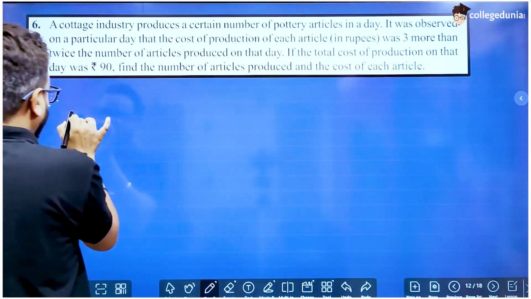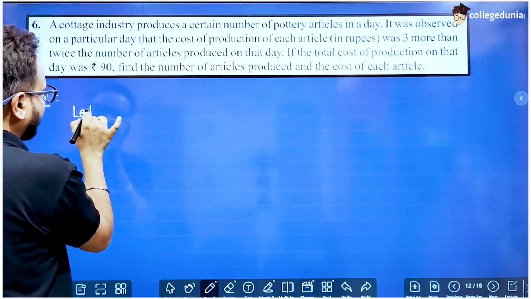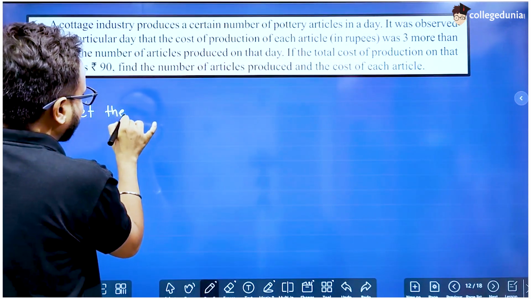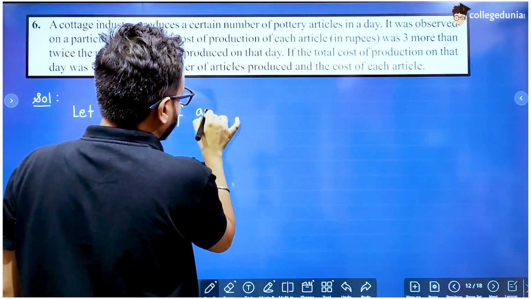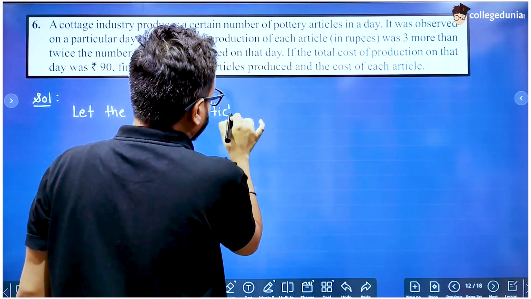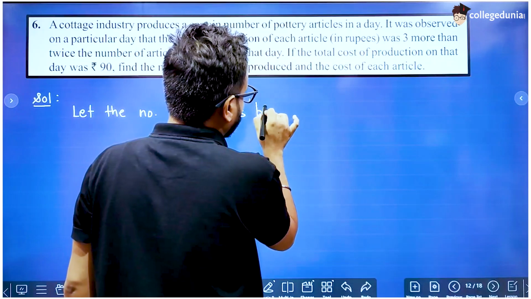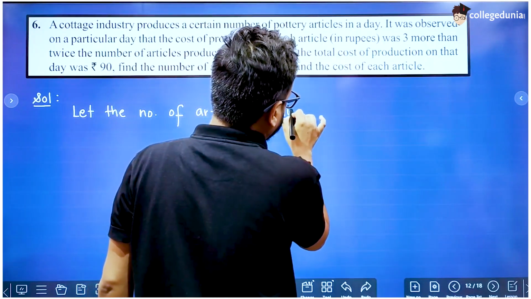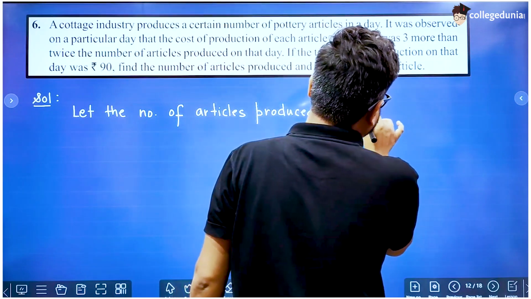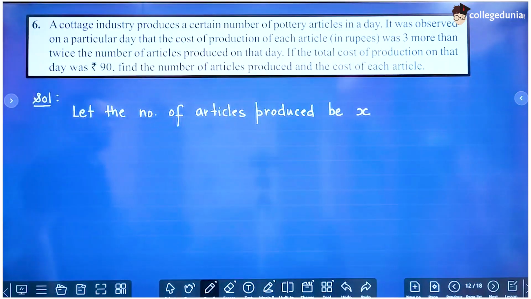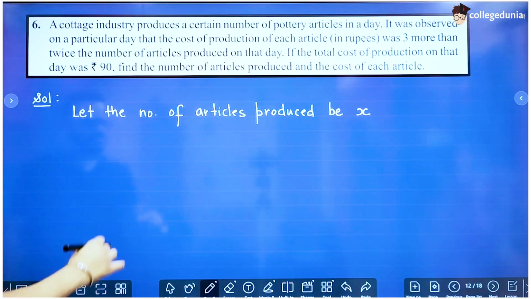So let the number of articles produced be x.